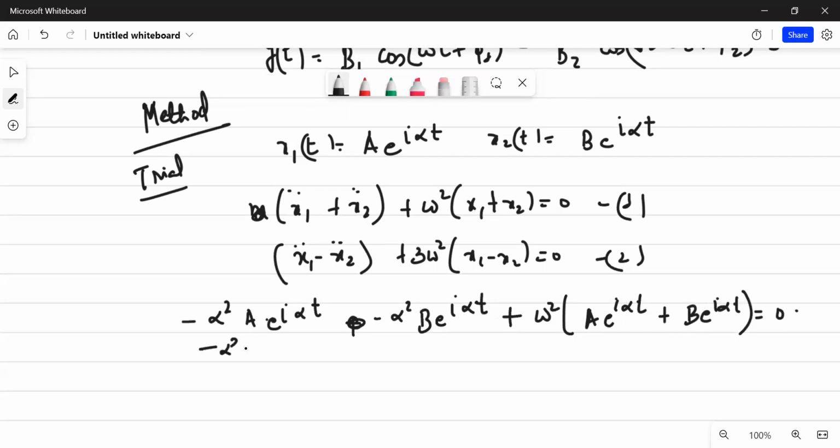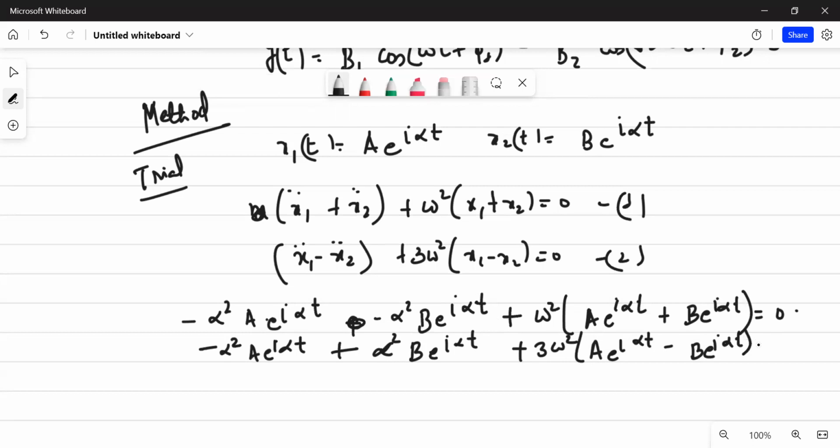Another one is minus alpha square a e to the power iota alpha t, plus alpha square b e to the power iota alpha t, plus 3 omega square times a e to the power iota alpha t minus b e to the power iota alpha t, equal to 0.